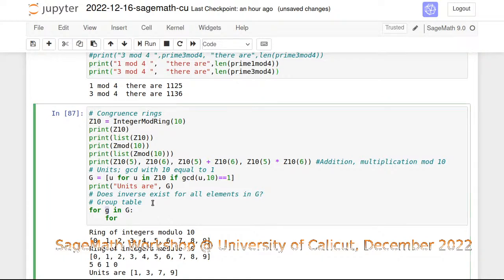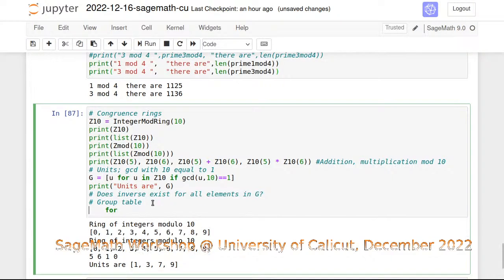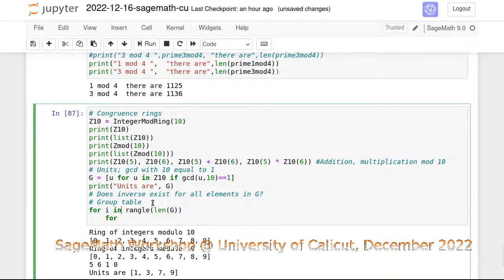Each and every element we need to loop through: for i in range length of G, which is the list, for j in the same range.